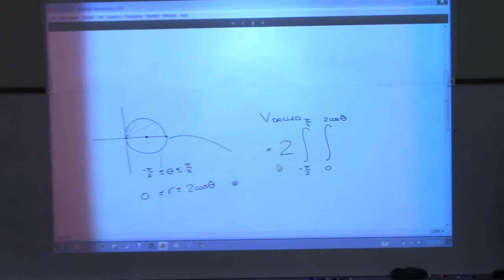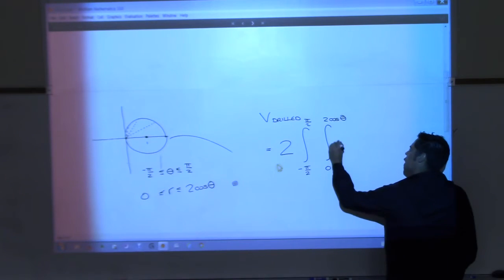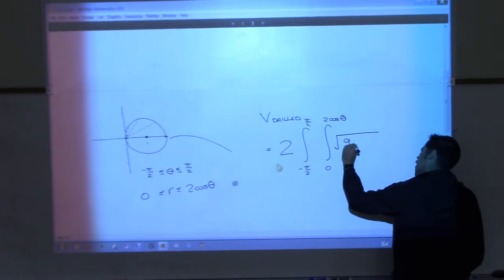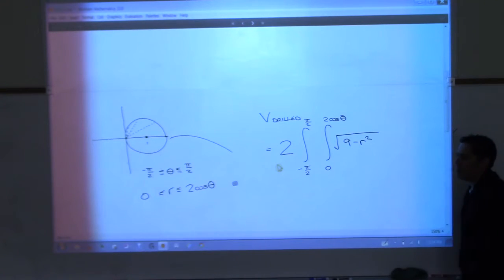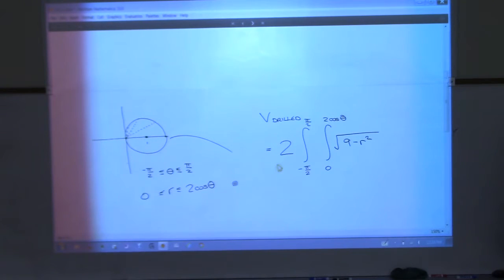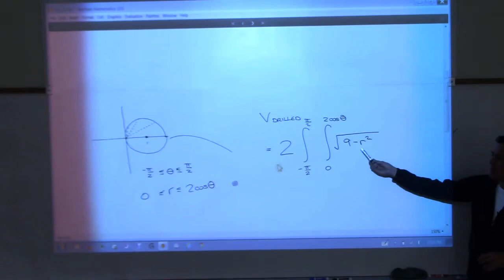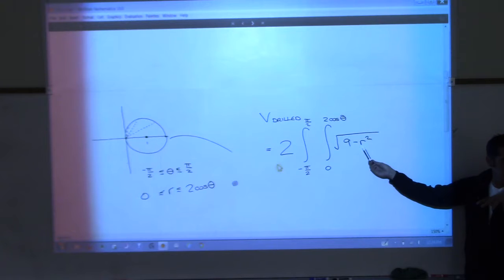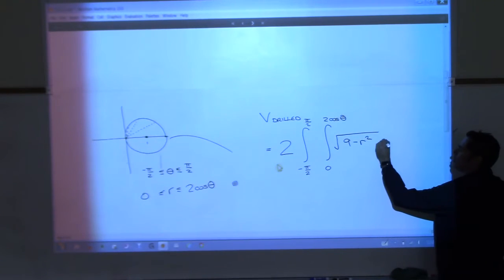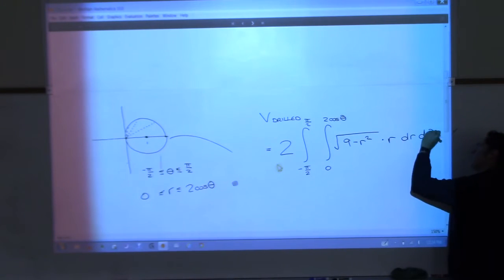What are we integrating? The square root of 9 minus r squared. Was that all that we were integrating? That was it, right? Y'all know where I'm getting that from? That was the sphere solved for z. Now your r from your, this is the first time I'm not going to do it in red, r dr d theta.